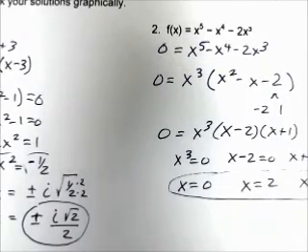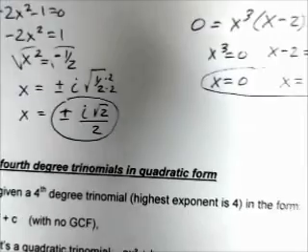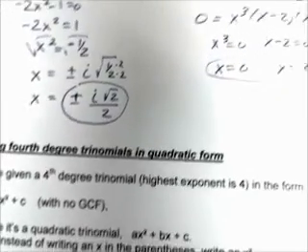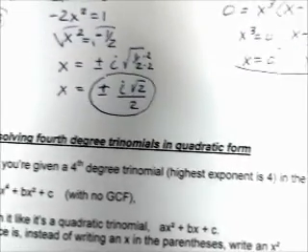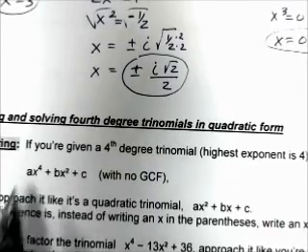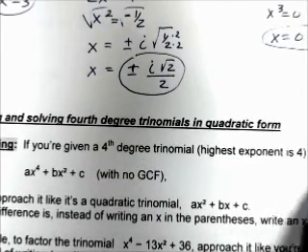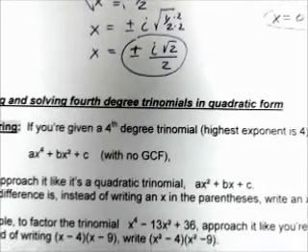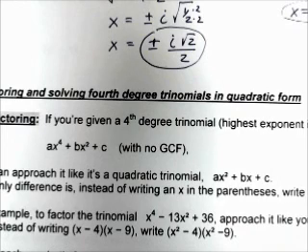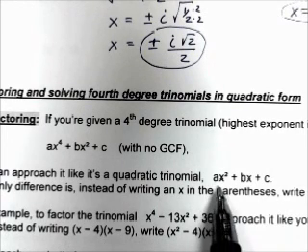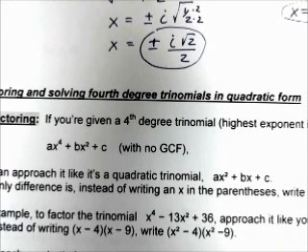Next, factoring and solving a 4th degree trinomial in quadratic form. If you're given a 4th degree trinomial, highest exponent is 4, in this form, ax to the 4th plus bx squared plus c with no GCF, you can approach it like it's a quadratic trinomial ax squared plus bx plus c.